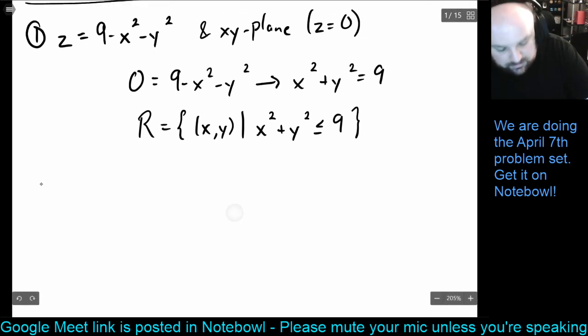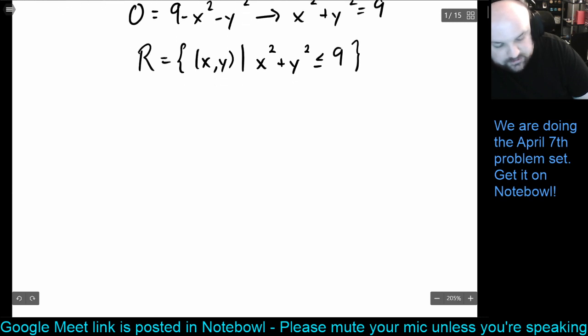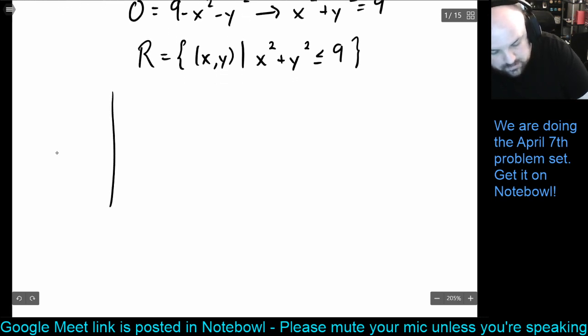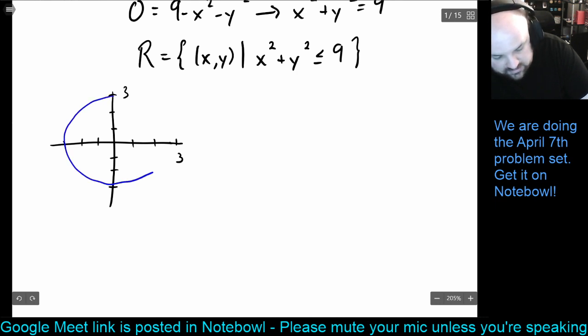So the volume here, actually, let's just sketch this region real quick. Something simple, but each of these goes out to 3. So we're looking at this region here as the region of integration.